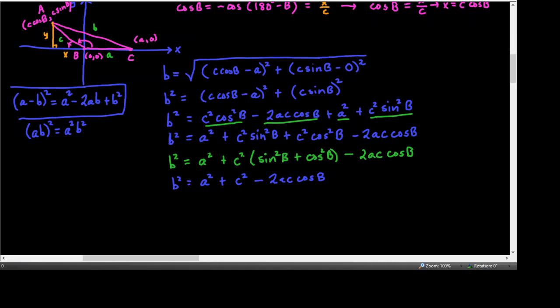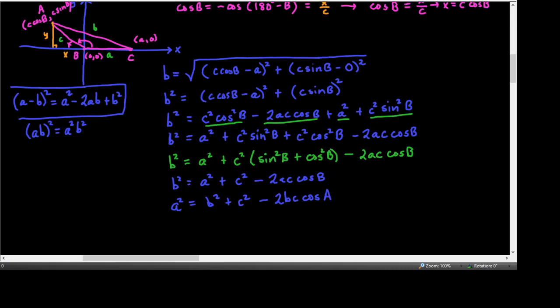If I had made angle A the one at the origin, it would have given me a slightly different version of this, or if I'd put C at the origin, I would have had a rearrangement of the variables. So let me give you the other 2 right here. The next one that I might write is that a squared would be equal to b squared plus c squared minus 2bc cosine of a.